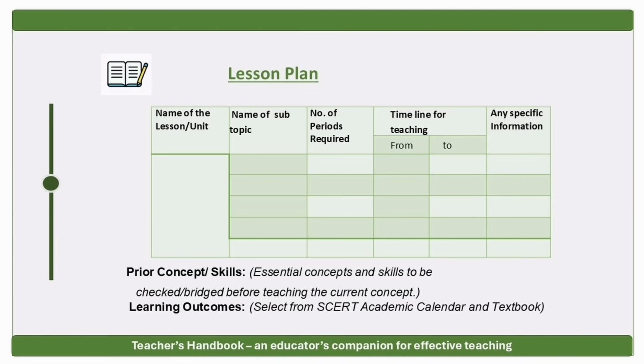So the lesson plan starts with a tabular form which shows the name of the unit, name of the subtopic, that means the number of subtopics into which a unit is divided will be given in this column, and the number of periods required for each subtopic should be written, and the timeline of teaching, that means the period in which we are going to teach the lesson or subtopic.